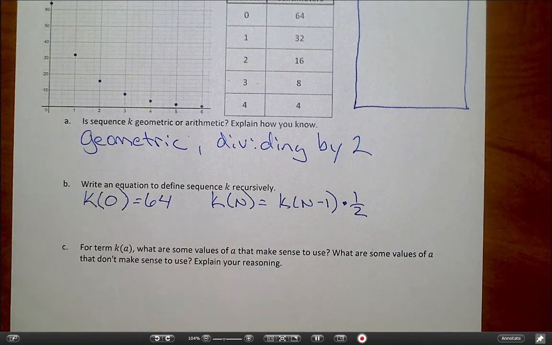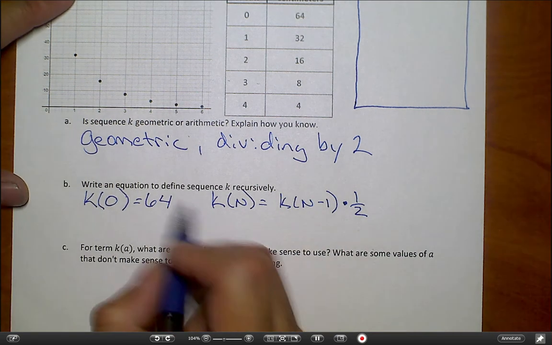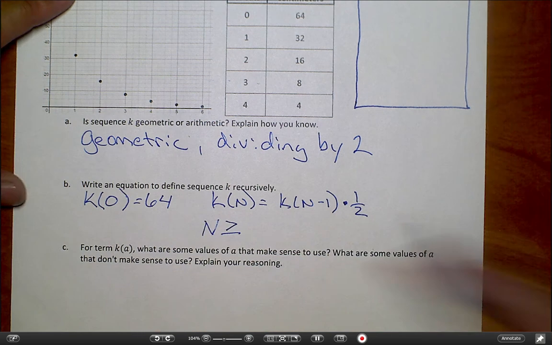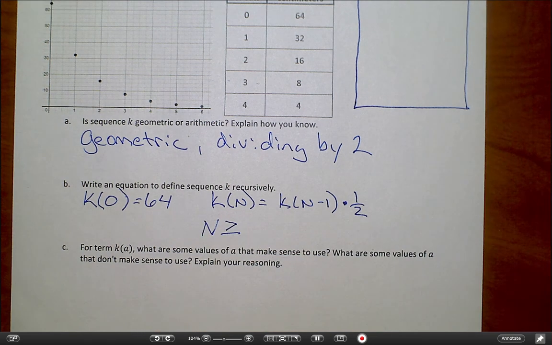Now, since I have the initial term and my definition, now define the n's. What n's? This is the part that a lot of people get wrong because it's different than the other one. In recursive, they give you the first one, and you have to find the ones after that. So which one's after that? The n's, yep.